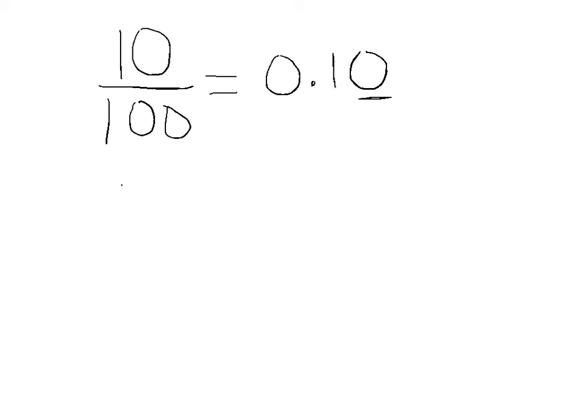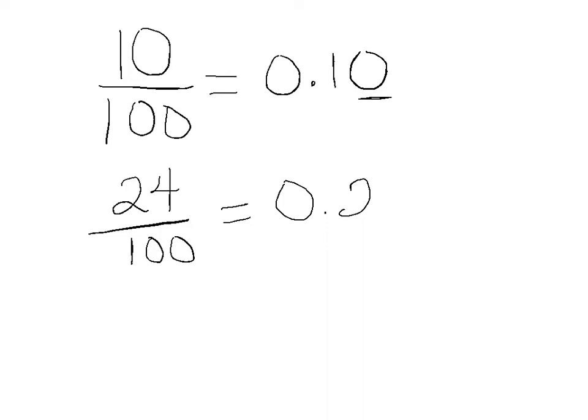Well, what if I was to give you 24 hundredths? Don't be nervous by the 24 at the top. It's going to look very close to the same. 24, the last place is in the hundredths place. This bottom number tells us what place we're talking about. 24 hundredths. This bottom number, by the way, is called our denominator.